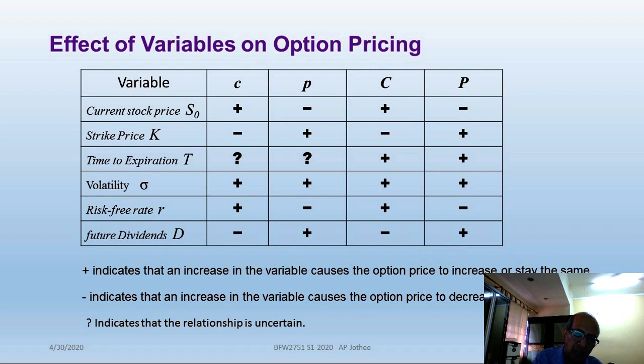The same thing applies to put options in European options, the same effect, because the longer the time, the longer the uncertainty also. But for American options, it gives you positive signals here, because you can do early exercise.